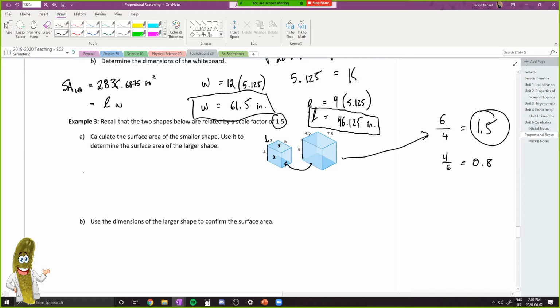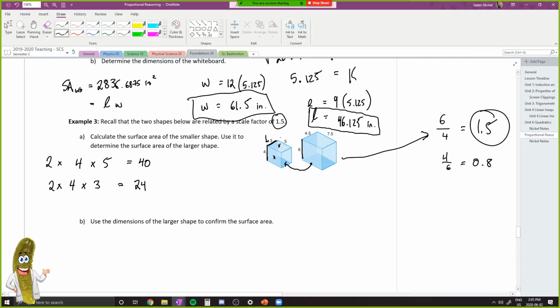So looking at this, we need 2 of this front side, which is a 4 by 5 side. And when you do that, 4 times 5 is 20, times 2 is 40. I then know that I need 2 of this back side here, this 4 by 3 side. 4 times 3 is 12, times 2 is 24.